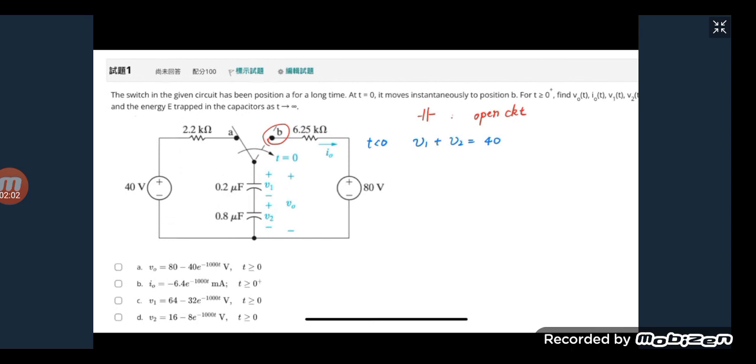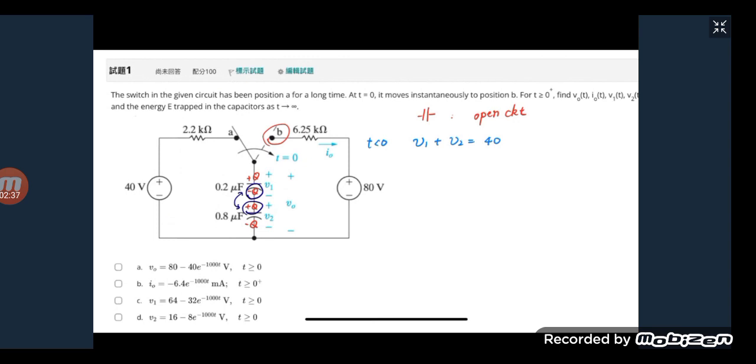For example, here we say here's plus Q, minus Q, plus Q, minus Q, right? There are charges stored on the two sides of a capacitor. But here we see that here is minus Q and here is plus Q. And I think the charge has to be identical.